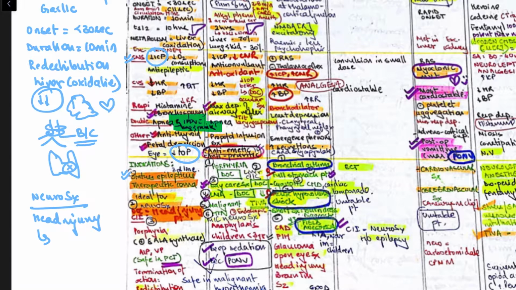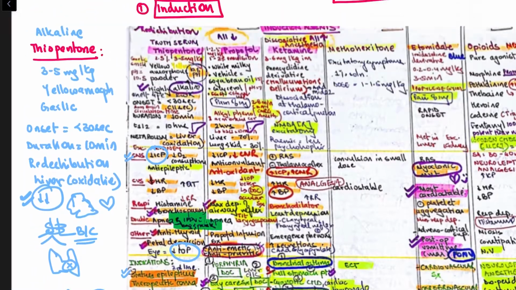Because in head injury patients, remember that there is Cushing reflex, where there is increased BP, decreased heart rate, abnormal respiration. Why did this happen? It is due to increased ICP, or increased intracranial pressure. We read thiopentone means all is decreasing. So what will it do? It will reduce ICP. Hence, this is the drug of choice in neurosurgery patients. This is one point that you should remember and never forget.